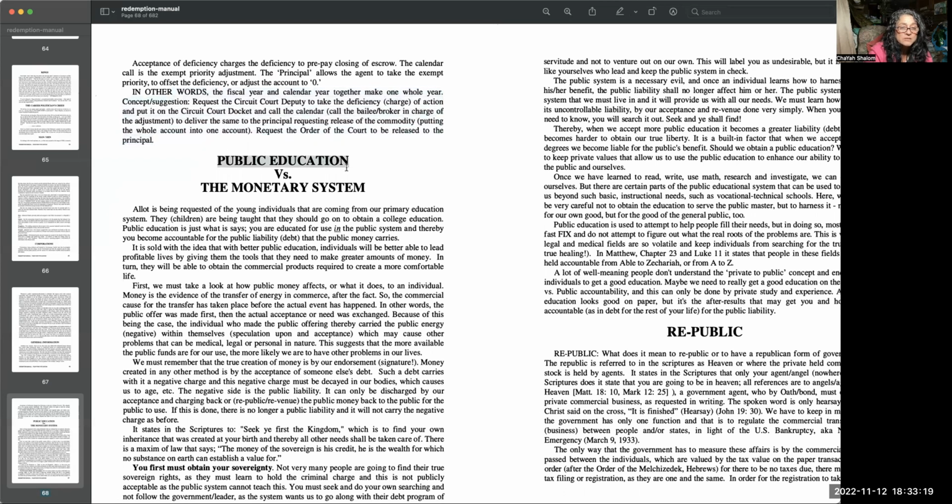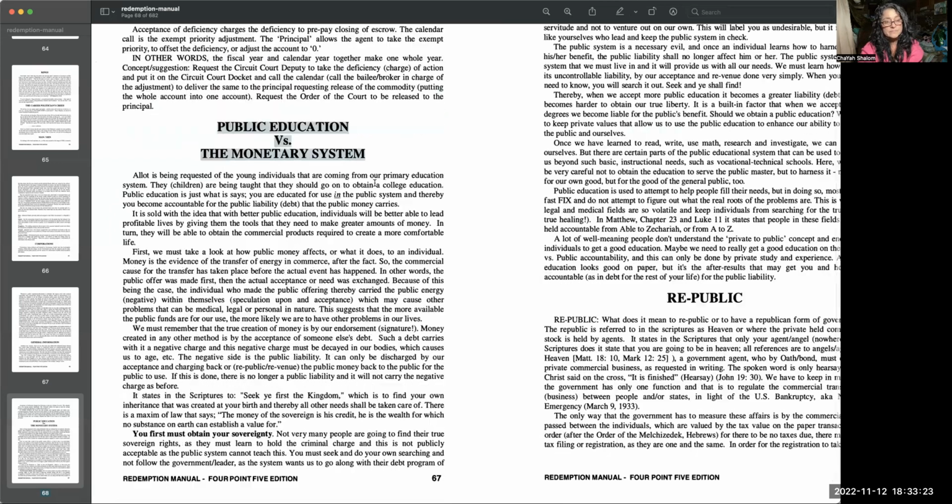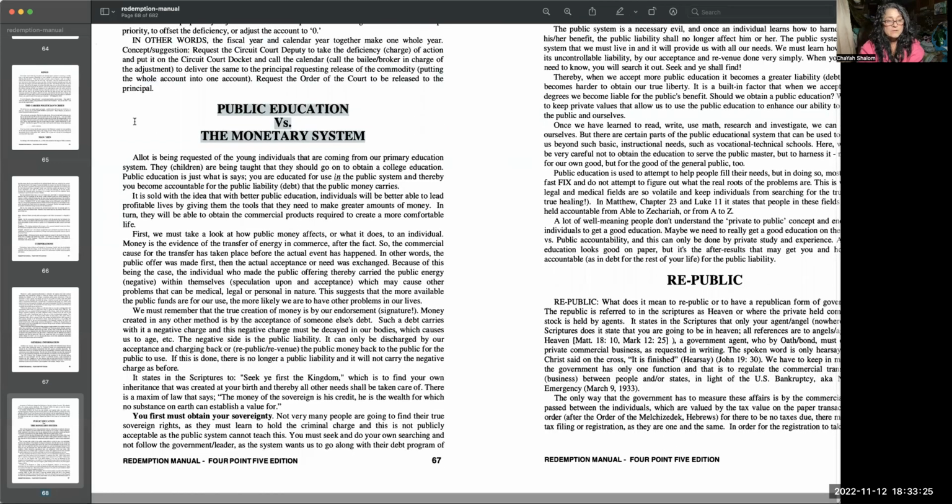Public education versus the monetary system. What is this? A lot. No, take that L out of there. A lot, not a lot. A lot is being requested of the young individuals that are coming from our primary education system.